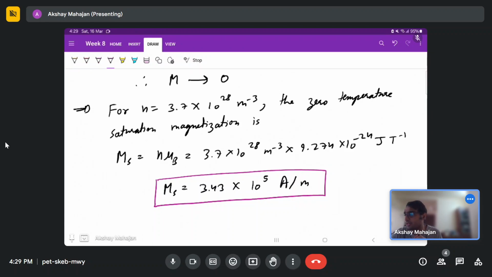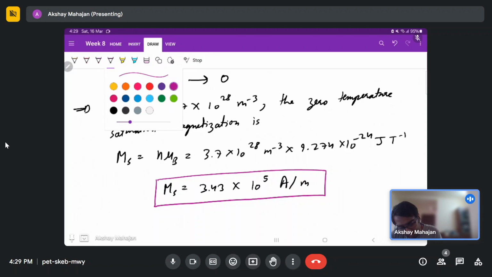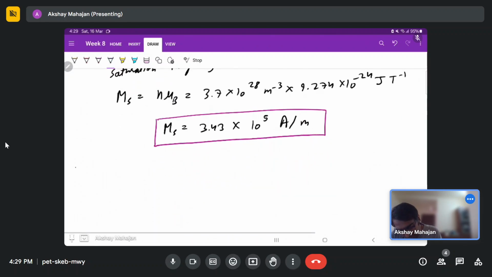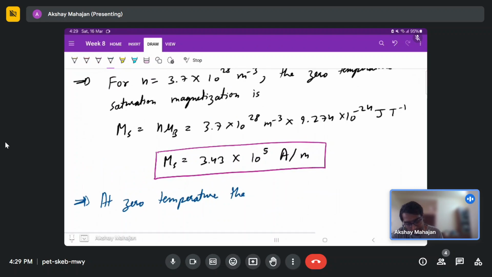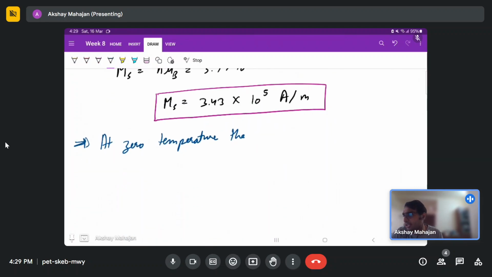Now, why is this happening? As I said also, let me just write it as well. Basically at zero temperature, this is the physics part, because of which we directly write our answer without even going into the mathematical formula for the magnetization.